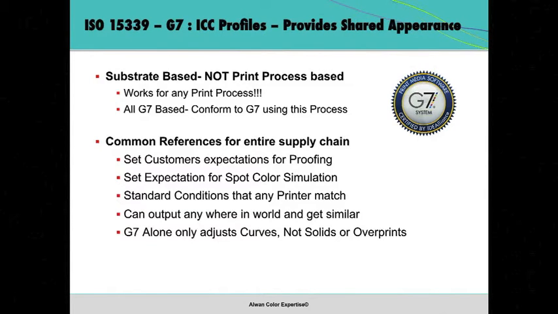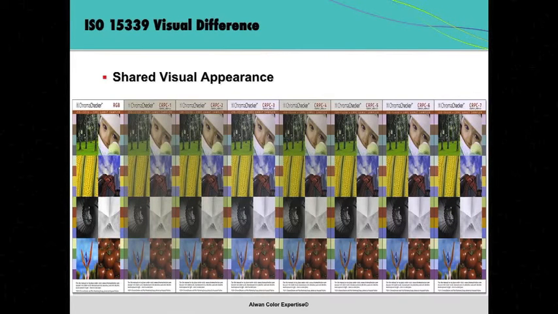And what I often see, if someone tries to G7 with curves a large format device, the reds will go orange and the blues will go purple. And that's not, in my opinion, a shared visual appearance match. It's never mind a colorimetric match. But when you use ICC profiles to do this type of match, now your reds stay red, your blues stay blue. The ISO 15339 also has tolerances for acceptability, which is very nice.